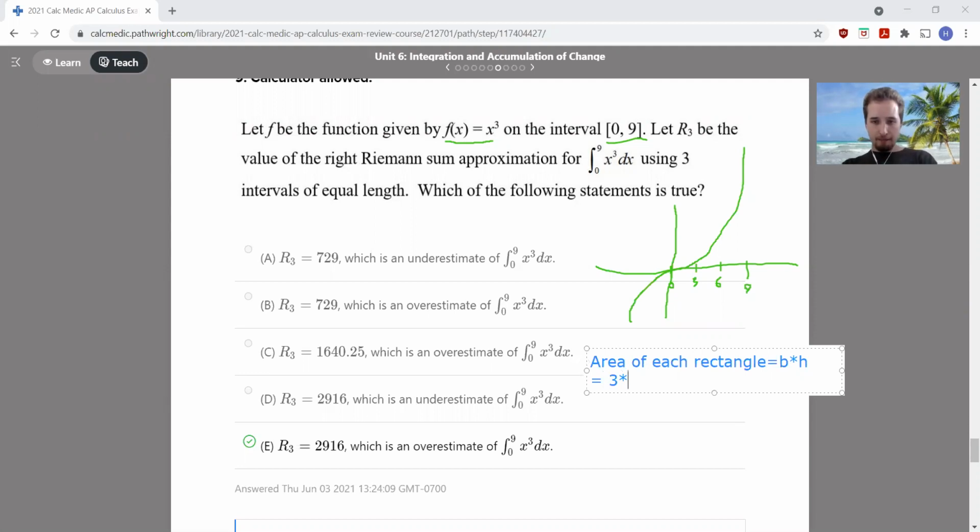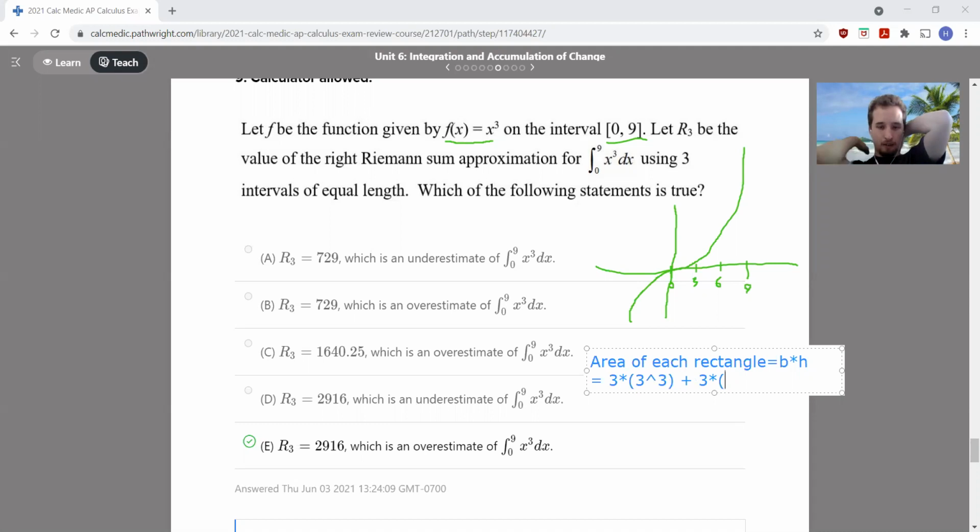The height, well, it's a right Riemann sum. So for the very first one, the right height is going to be 3 to the third power, right? Because it's x to the third. The second one, again, the base is going to be 3, and the right height is going to be the 6.